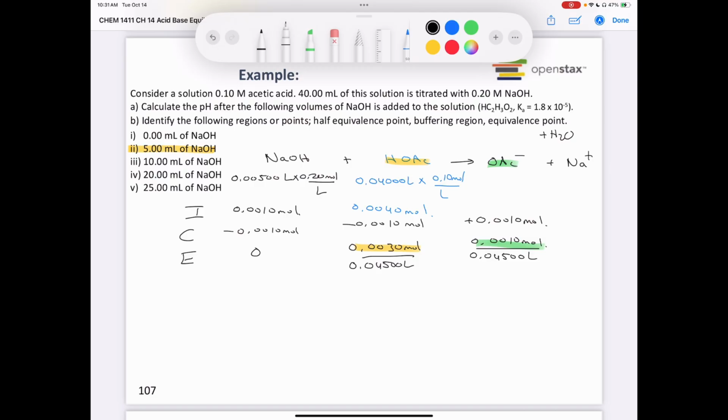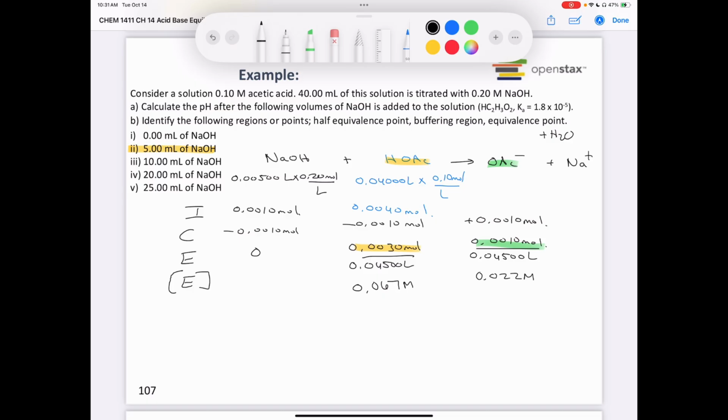Now we're going to figure out the concentration of each one of these. We end up with 0.067 molar of our acetic acid, and for our acetate ion, we have 0.022 molar. So that's our equilibrium concentration.